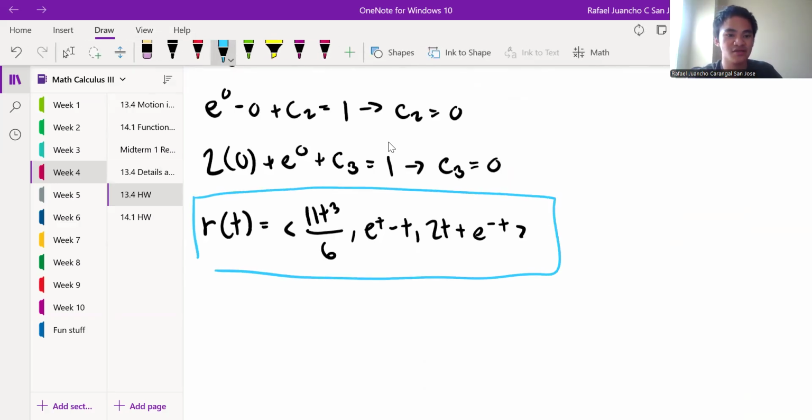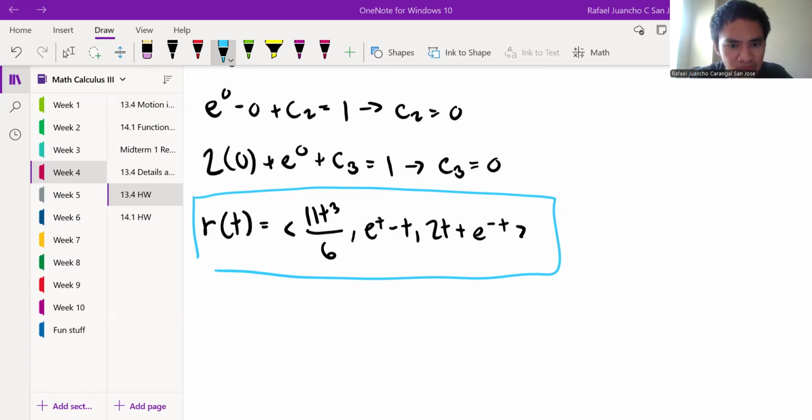Okay, let me type it in, see if I get it. 11 over 3, I believe. E cubed. Oh, that was 6. Comma e to the t minus t, comma 2t plus e to the negative t.